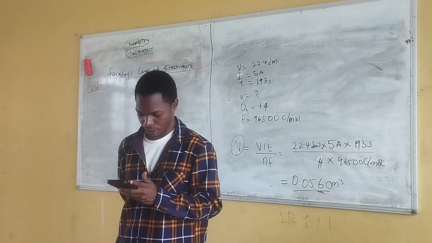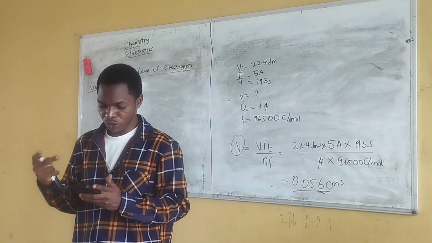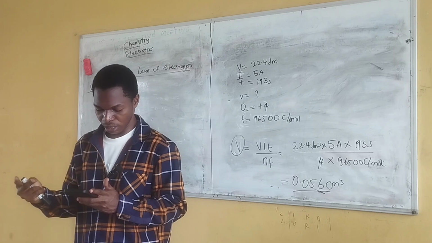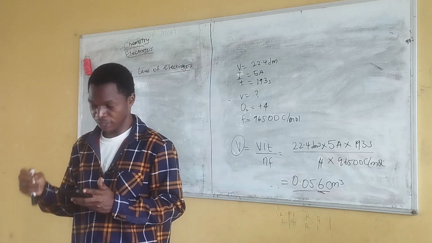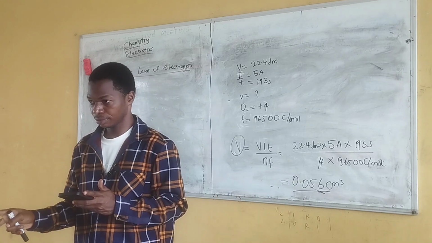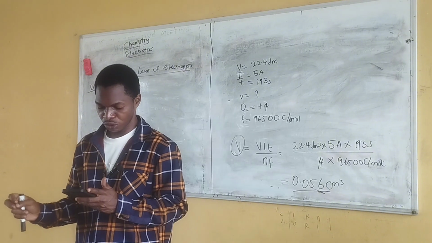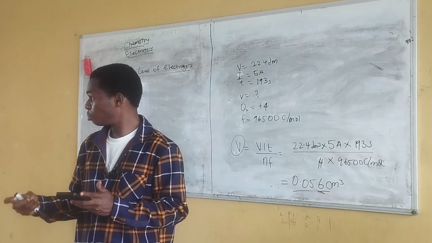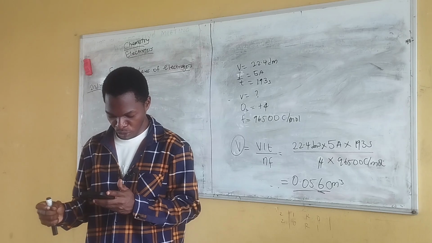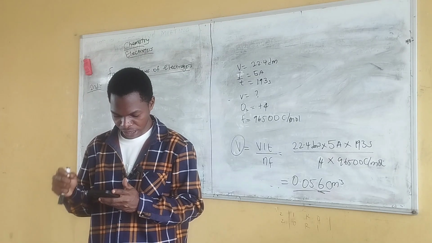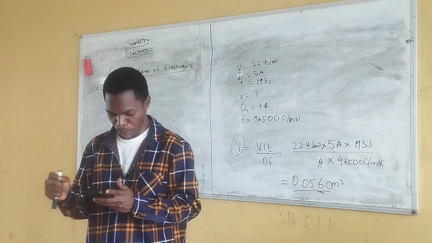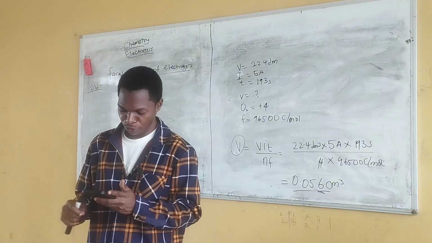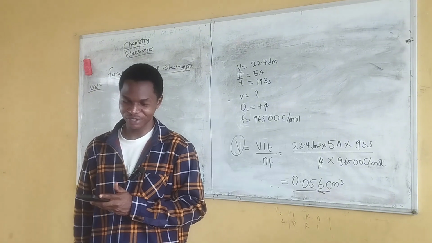Faraday's second law states that when two quantities of electricity pass through different electrolytes, the relative number of moles of electrons discharged are inversely proportional to the charge of the ion of the element.